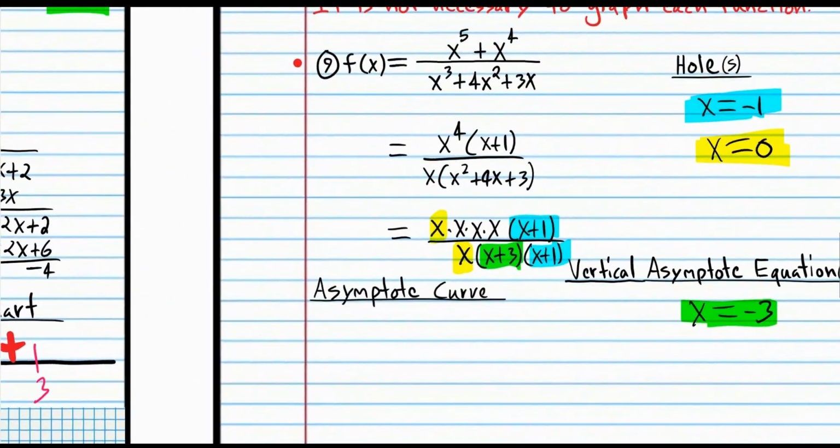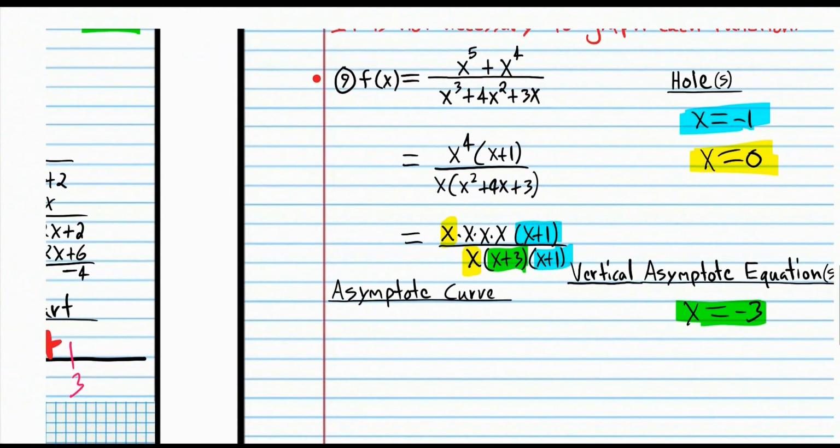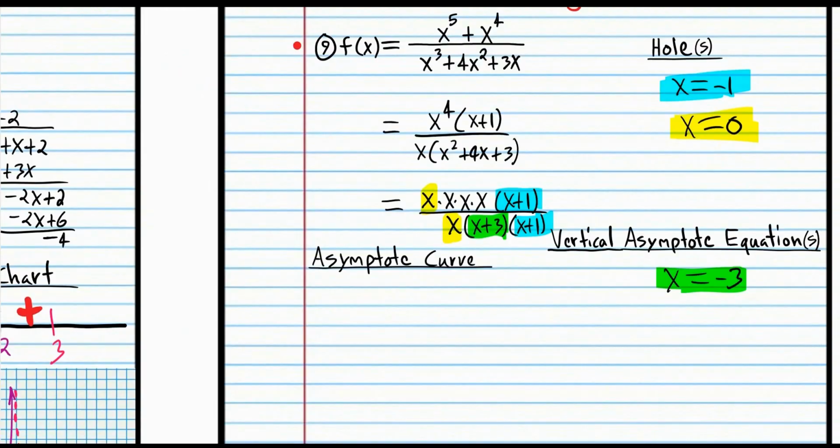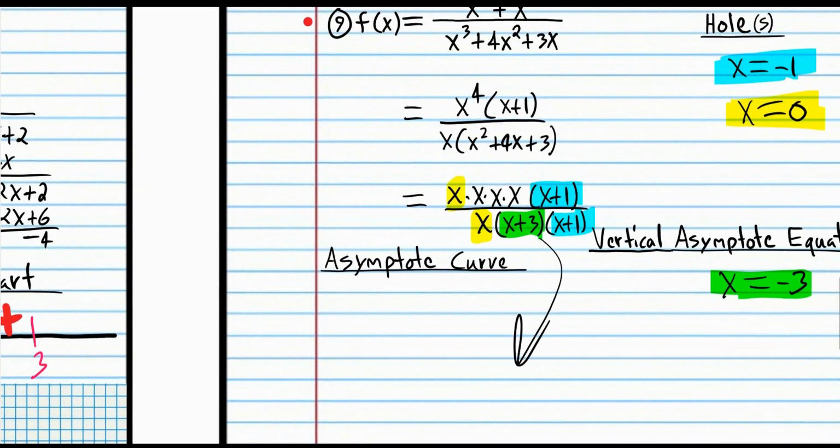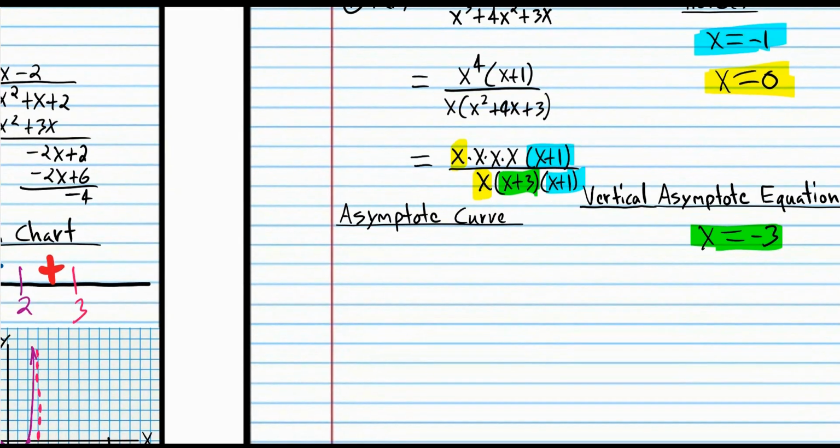Okay, so now let's find the curved asymptote. To do that, we can use the reduced form. When we cancel out all those similar factors, we get a new function, which I'll call g of x, which is x cubed. I got that from these factors here.